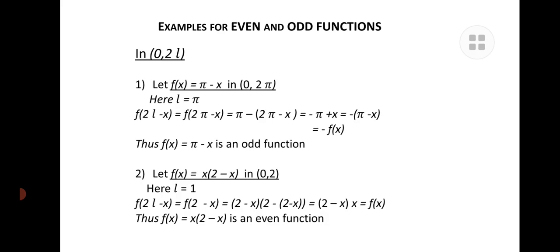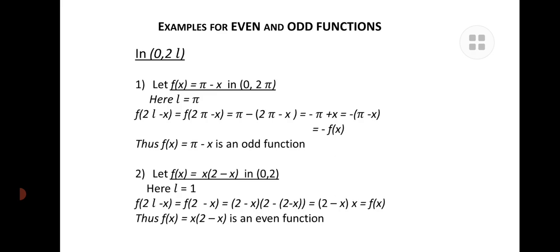Some examples for even and odd. f of x is equal to pi minus x in the interval 0 to 2L, or 0 to 2 pi, where L is equal to pi.